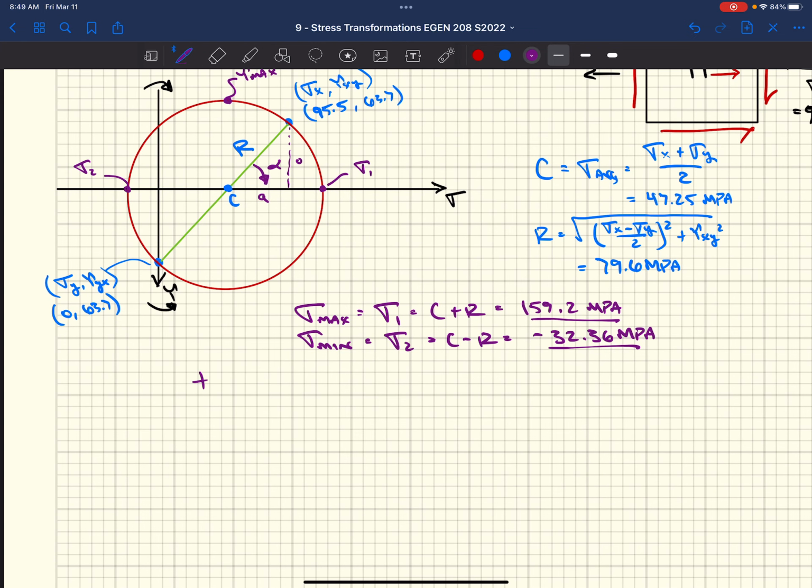Alpha equals inverse tangent of opposite over adjacent. Our opposite is 63.7 megapascals. Our adjacent is going to be 95.5 minus the center, 47.25.